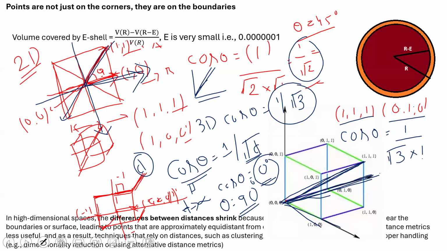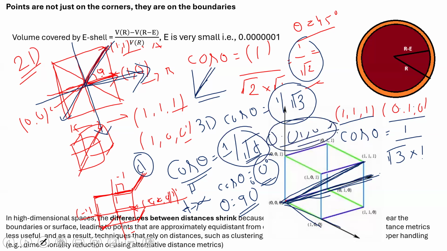Having 90 degrees between every pair of axes is nearly impossible, so I wouldn't say it is exactly 90 degrees, but close to 90 degrees. When the dimensions are increasing, the angle between the diagonal axis and the main axis is approaching 90 degrees. The cosine doesn't necessarily need to be zero all the time; it can be 0.0000 and some minute value.